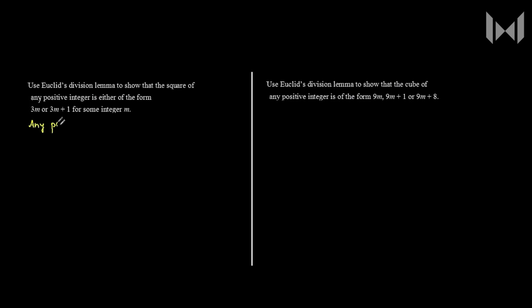Any positive integer is of the form 3m, or let us take it as q so that we end up with m at the end, 3q, 3q plus 1 or 3q plus 2, because the remainder should be less than 3.